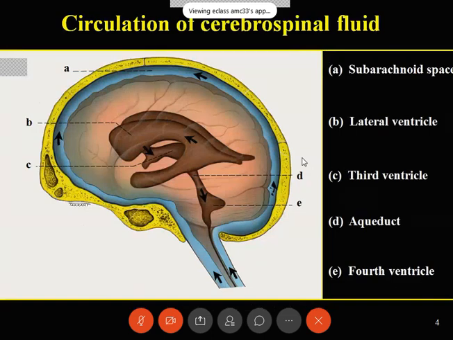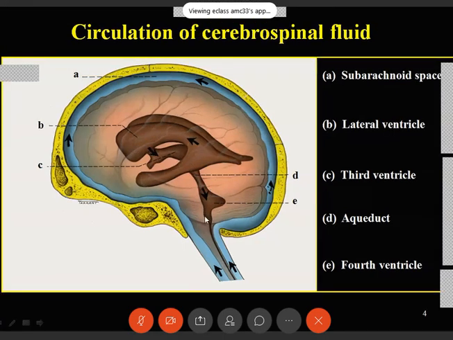Circulation of the cerebrospinal fluid: it is secreted from the lateral ventricles. It passes into the third ventricle, then the aqueduct, then the fourth ventricle.